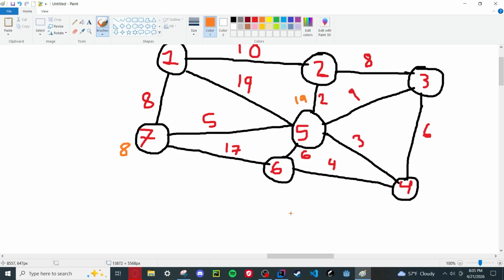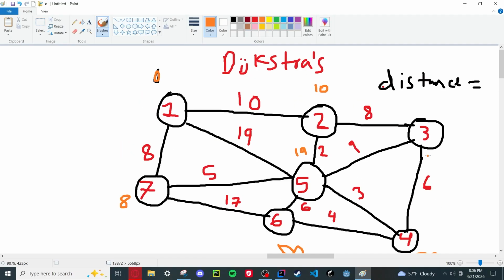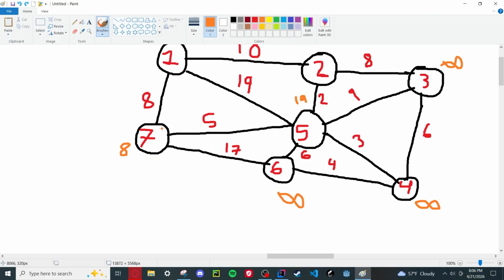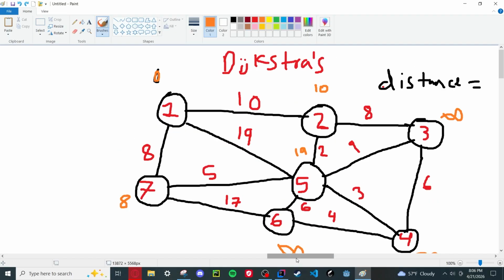Everything else, Dijkstra doesn't know right now, so we can say this is infinity, this is infinity, this is infinity. We can only really determine from the direct edges.